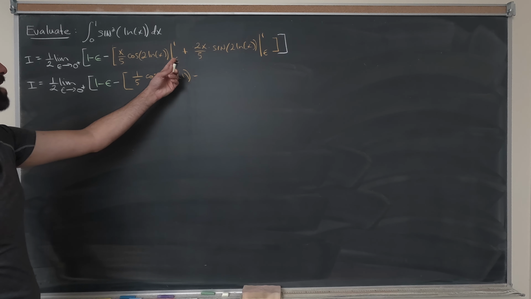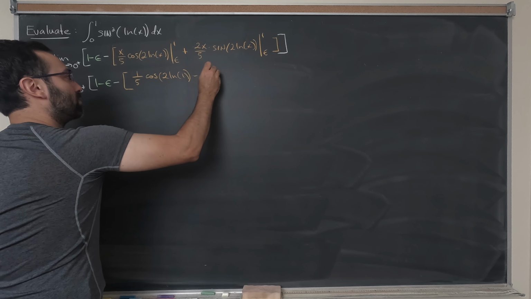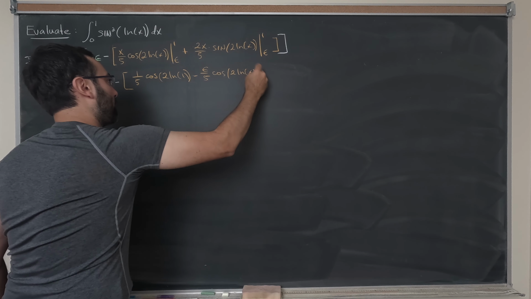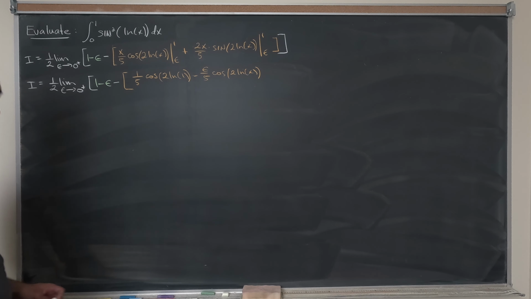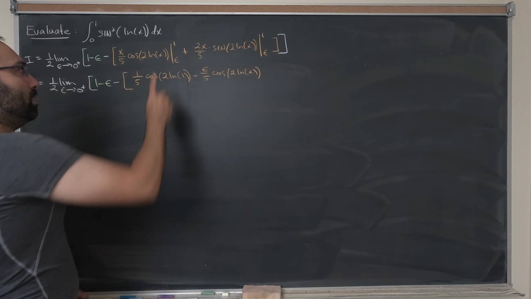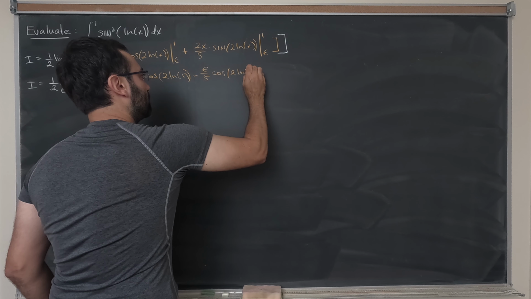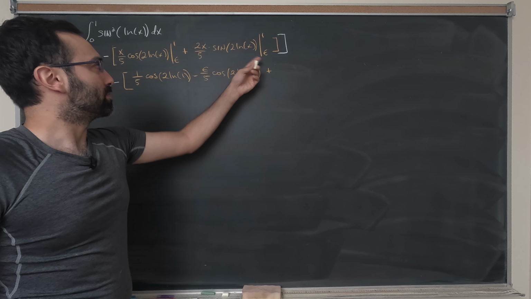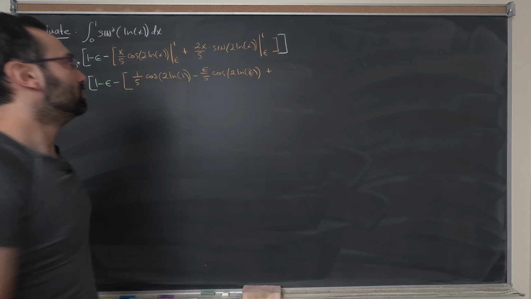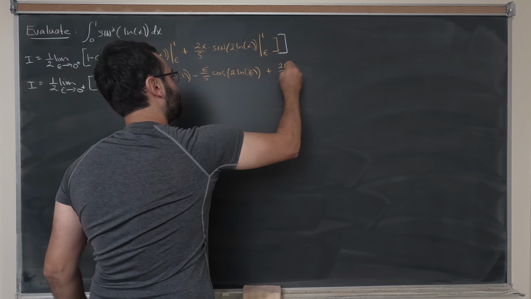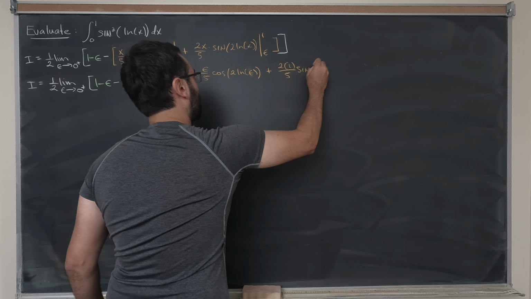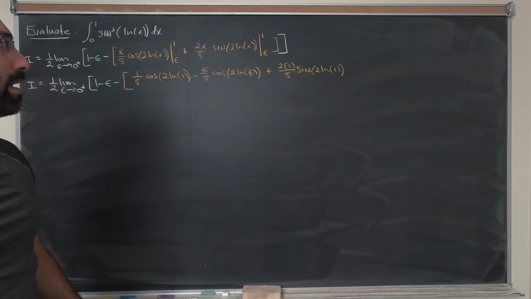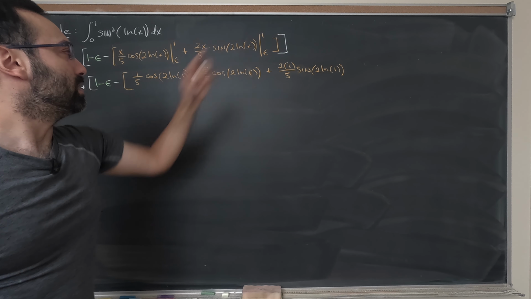Minus what we have when we plug in epsilon. Okay, so we have that, plus evaluating this from epsilon to 1. So plugging in 1, we have that, minus plugging in epsilon.